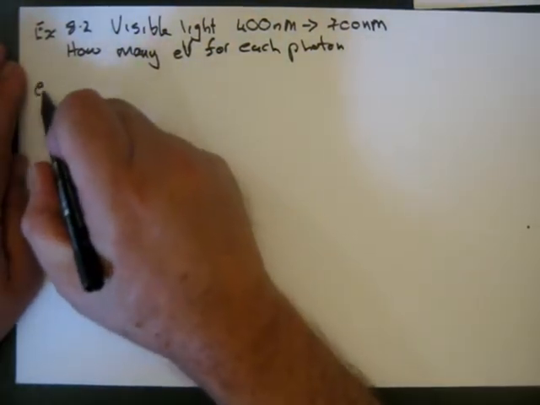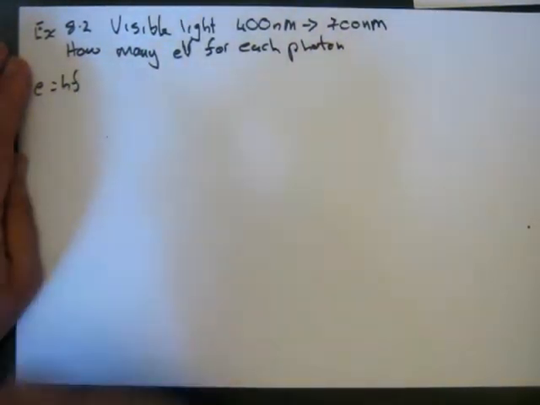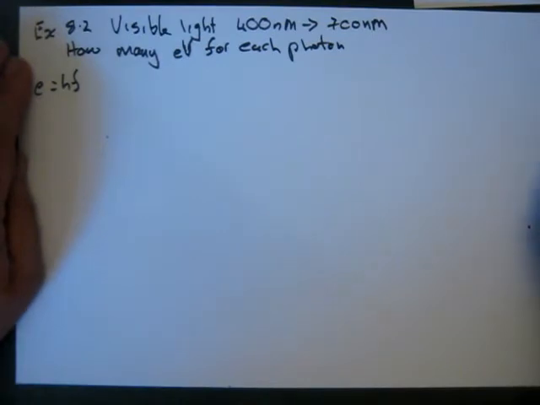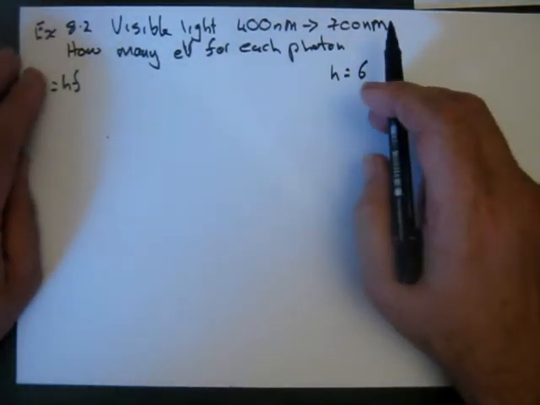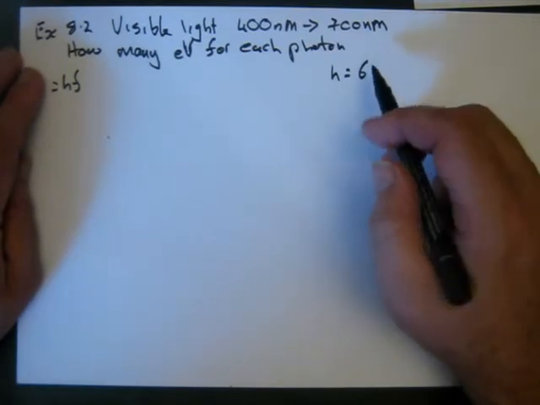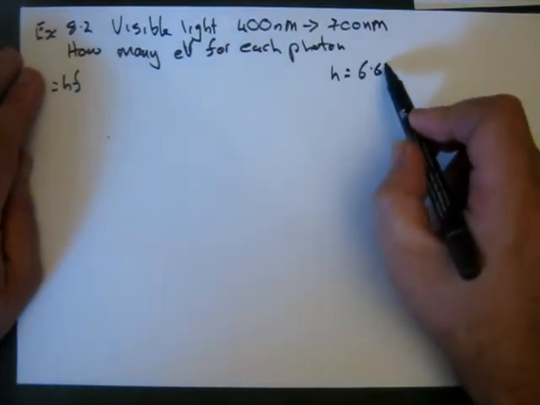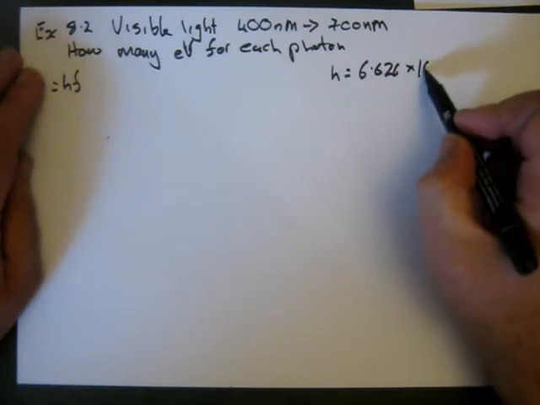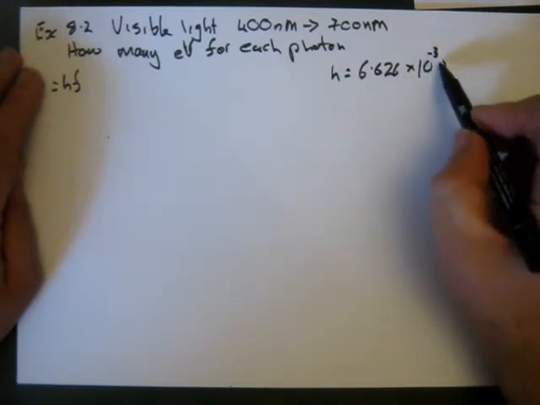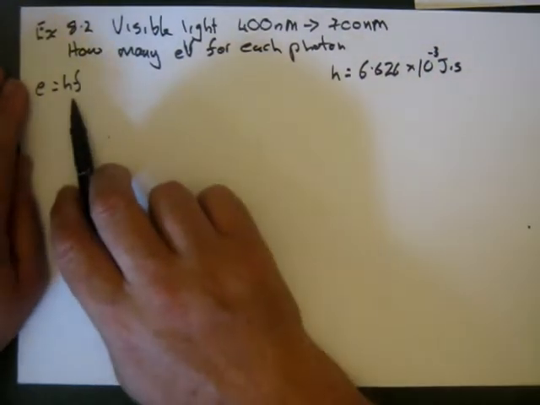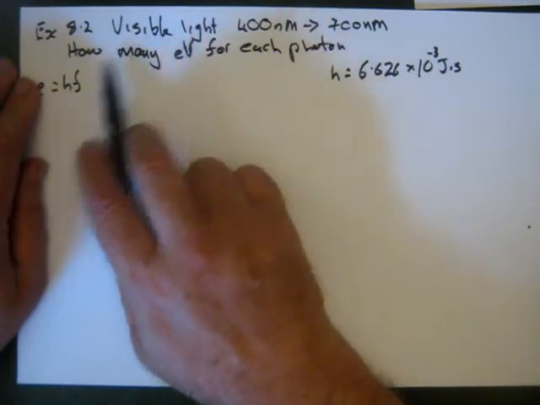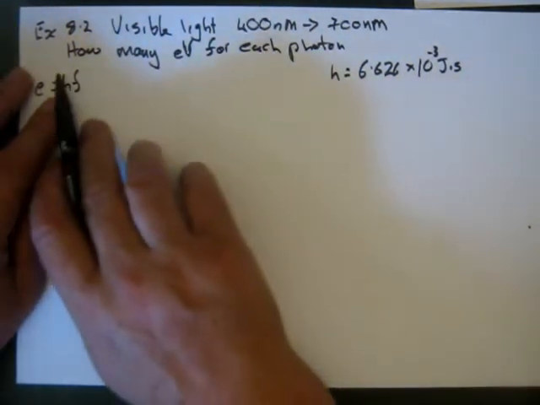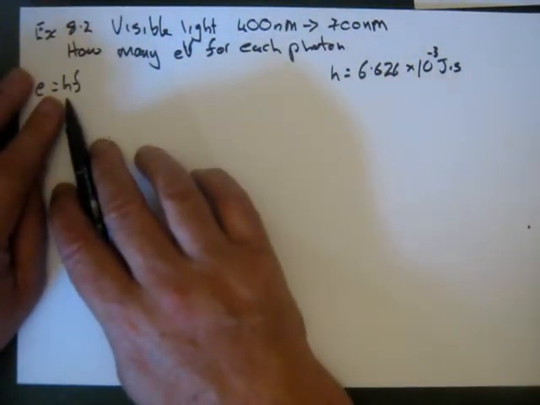Well, we know that E equals hf. That's cool. But on your sheet it gives h as equal to 6.626 times 10 to the negative 34 joule seconds. For this, we want to know how many electron volts. So let's convert h, Planck's constant, into electron volts.